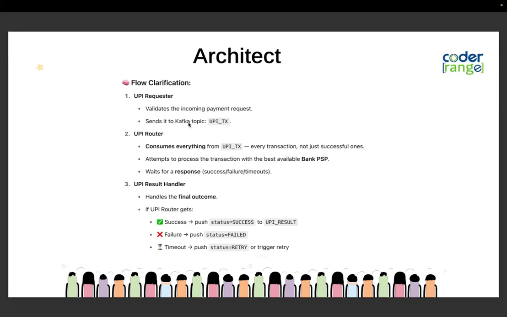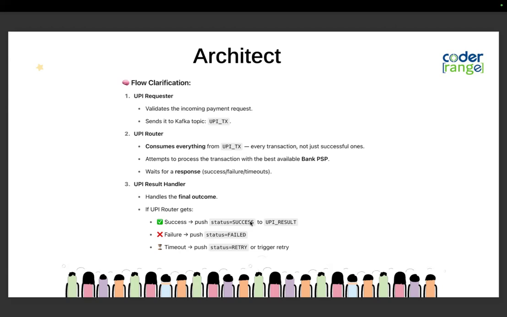It will send the Kafka topic, UPI transaction, and the UPI router will consume that for every transaction, not just successful ones, and attempts to process the transaction based on the bank TSP. Then it waits for a response. If the UPI router gets anything, success, failure, timeout, it will write that into DB. The UPI result handler will do that, and that's the final outcome.